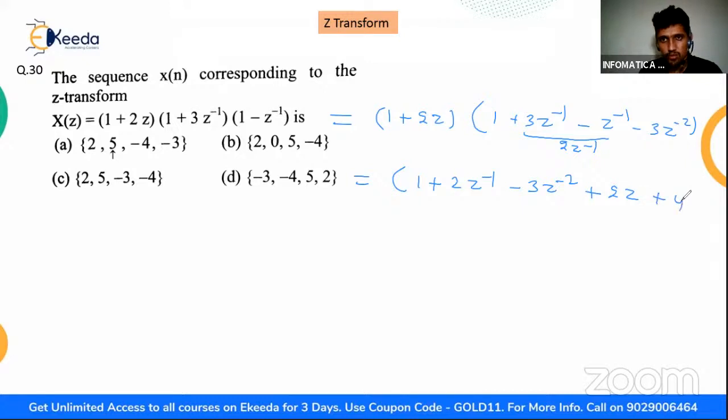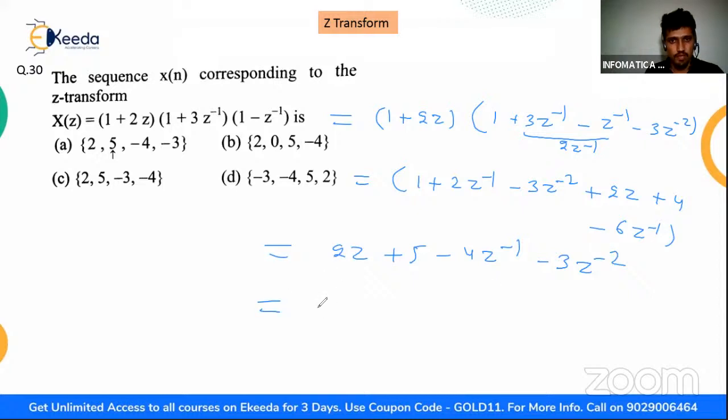And then multiplying it with 2z, which will result in 2z, plus 4, and minus 6z inverse. If we go from positive powers to 4 plus 1, 5, plus 5, and then this minus 4z inverse, and then minus 3z raised to the power minus 2.